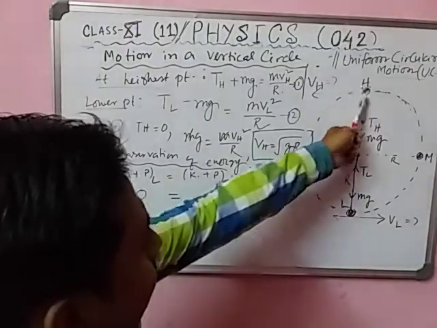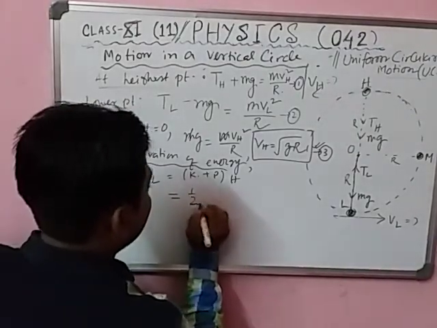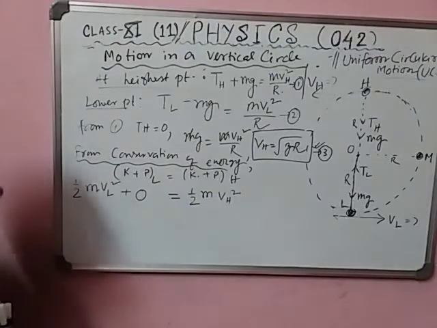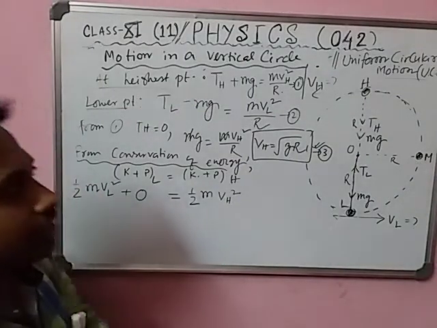So at the highest point, the kinetic energy is half m vh square. Okay, kinetic energy half mv square, where the velocity is vh. Now the potential energy.